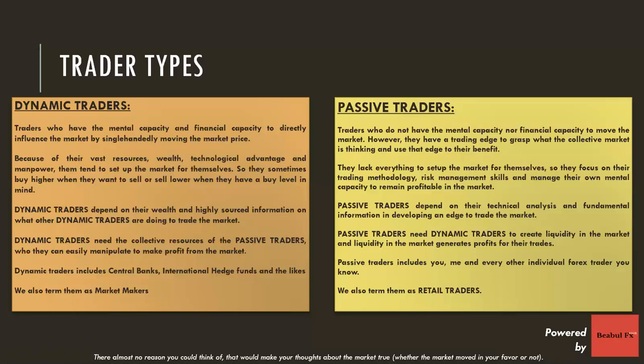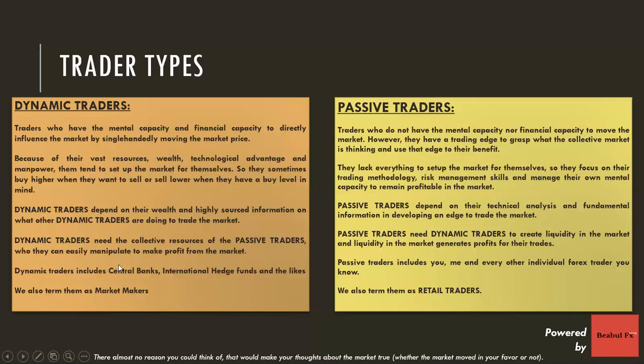What they will be doing will be buying gold from 1742, which is the current market price, towards 1750. So as they're buying, a lot of retail traders will get on board and be buying along with them. But once they get to their limit, they sell immediately and remove their buy, and then the market drops and they make profit off the buyers.